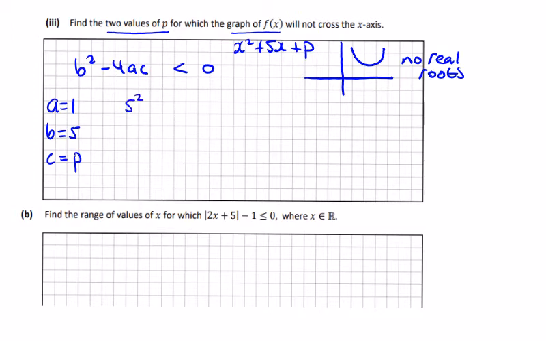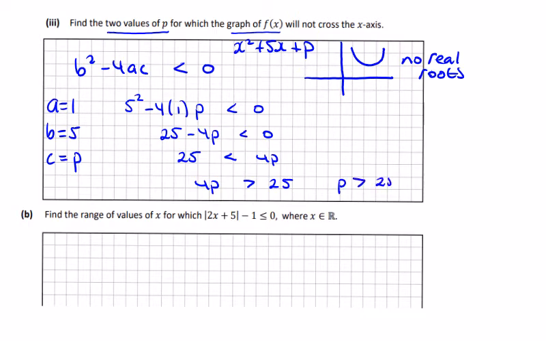So 5 squared minus 4 by 1 by p is less than 0. 25 minus 4p less than 0. So 25 is less than 4p. So p would have to be greater than 25 over 4. So my values for p have to be greater than 6.25.